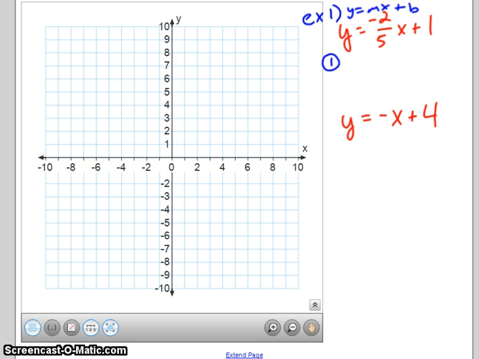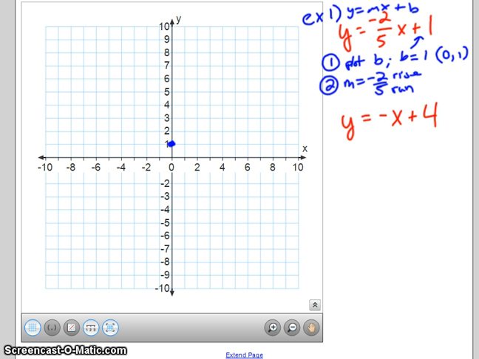So again, we're going to plot b, which in this case is 1. So we plot (0, 1) on our y-axis. Then we're going to use the slope. The slope is negative 2/5, so we rise negative 2 and run 5.